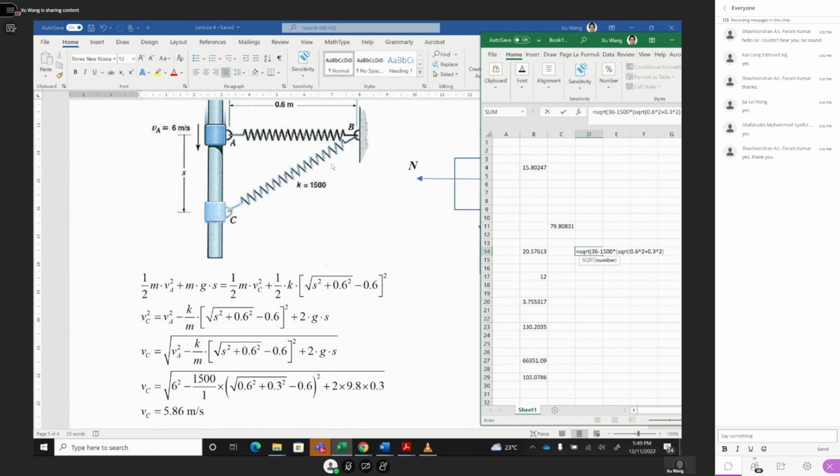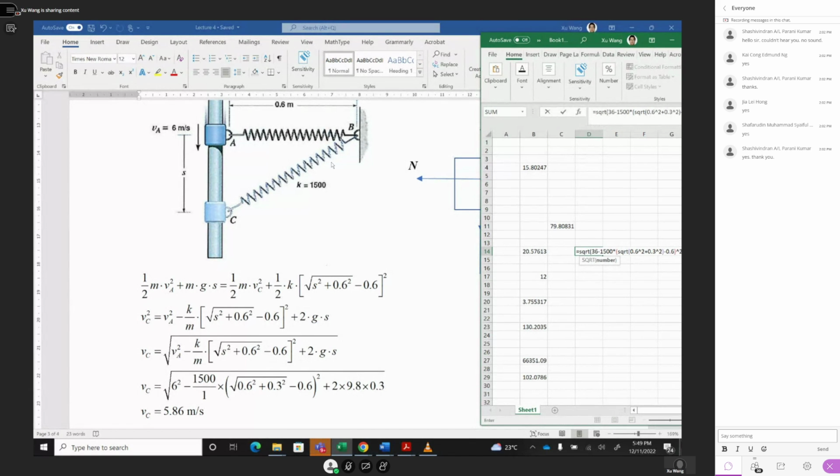That's the square root. Okay, square roots, and then this one minus 0.6, and this one minus 0.6, and then make a square.